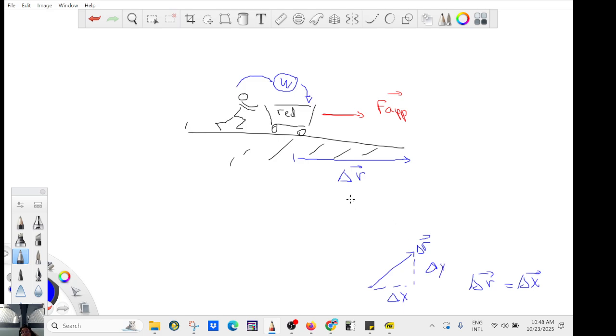So I'm going to use delta R. Okay, so I can say the work done, it's always from something, so by you on the wagon, will be how much energy is being transferred. By definition, it's going to be the force applied. Okay, I'm going to write down the definition: the force applied dot delta R.